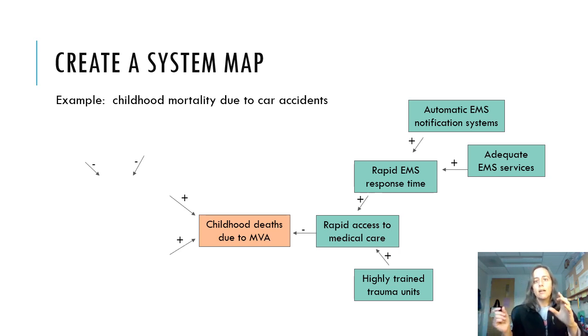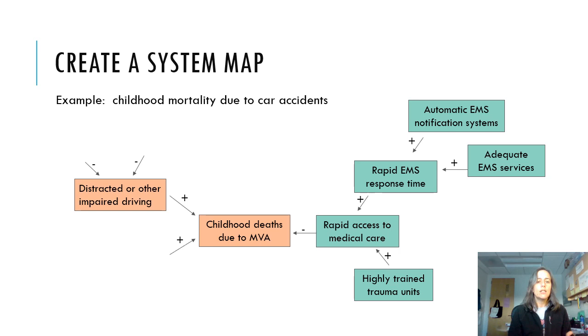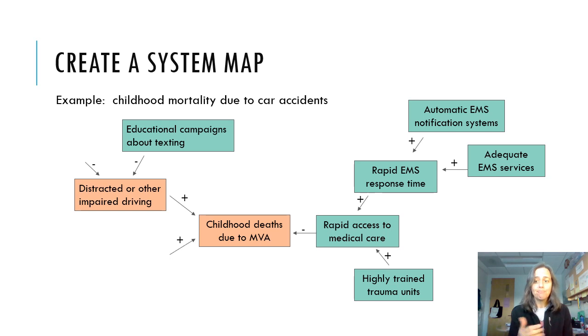But we can also look at, okay, what are the things that lead to an accident itself? And can we work on those influences, on those factors, right? So certainly distracted or other impaired driving is going to be one of the things that's going to increase the likelihood of childhood deaths from motor vehicle accidents. So what are the things that we can do to decrease that, right? Educational campaigns about texting would be one example.